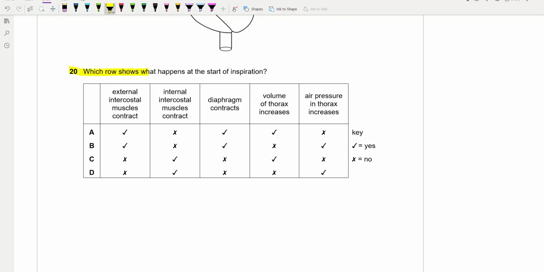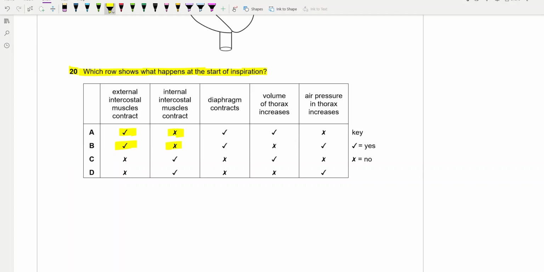Question number 20. Which row shows what happens at the start of inspiration? Inspiration is taking a breath in. External intercostal muscles contract, which is correct, so option A and B. Internal intercostal muscles contract, which is wrong, so option A and B again.